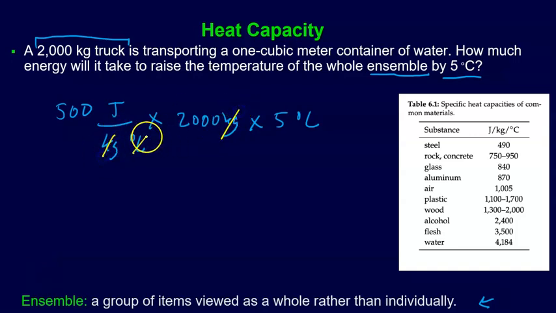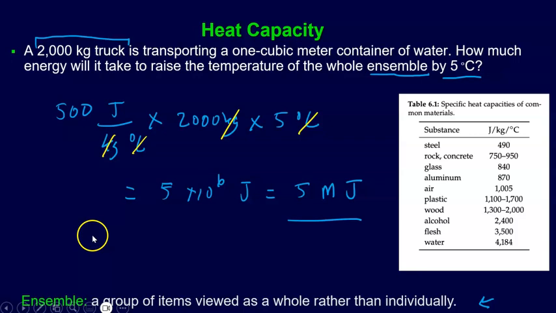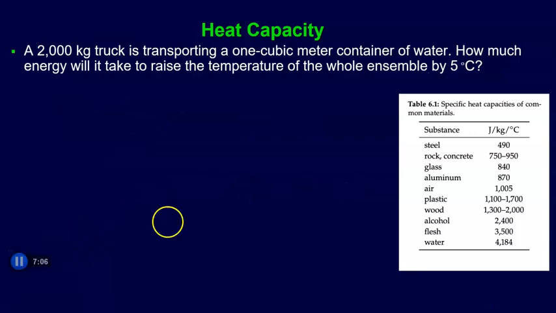The kilograms cancel, and the degrees Celsius cancel. When I did this one, I got an answer of 5 times 10 to the 6th joules, which again you can write as 5 megajoules. That's how much energy it takes to raise the temperature of just the truck part.